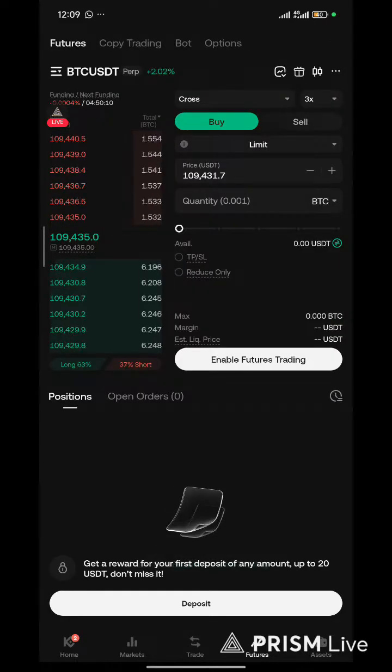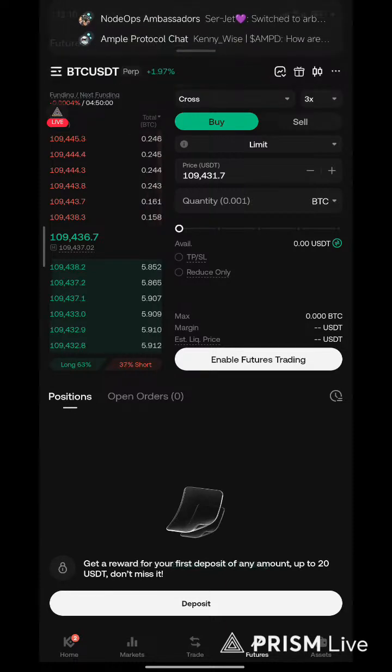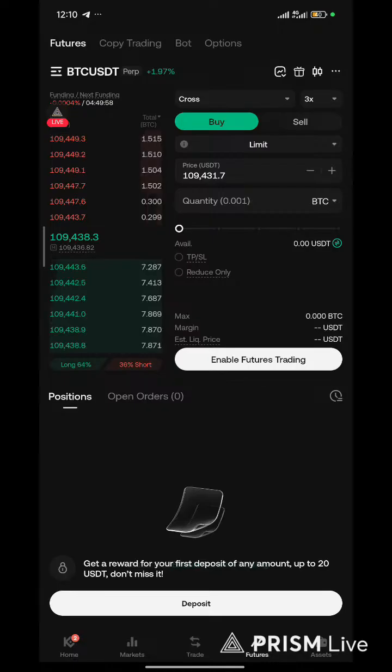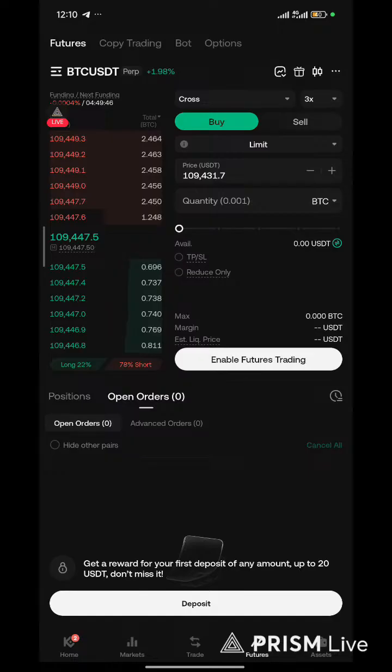As you can see, the red side shows BTC is being shorted, and the green side shows BTC is bullish. Whenever you have not placed a trade yet, it is in position, but once you place a trade, it is shown in open orders, meaning you are currently in trade.